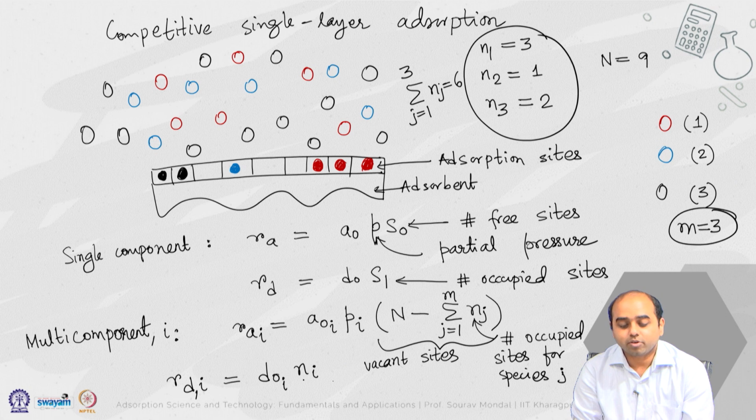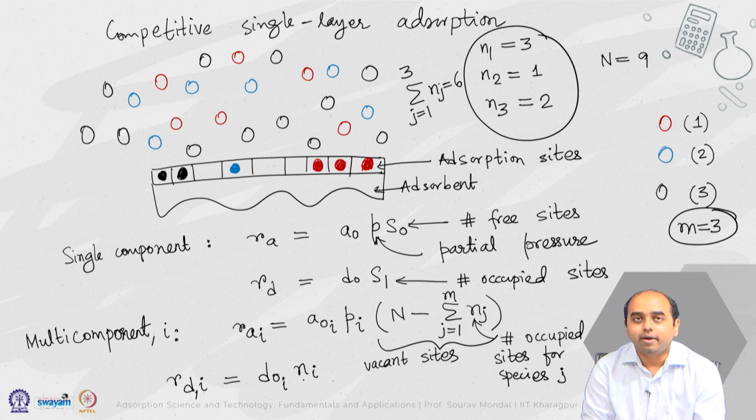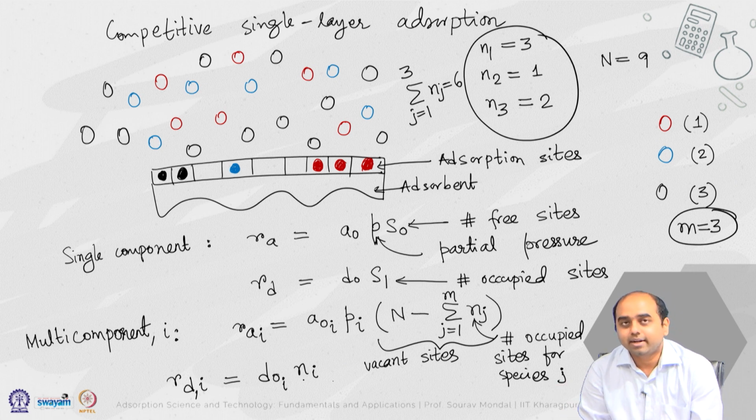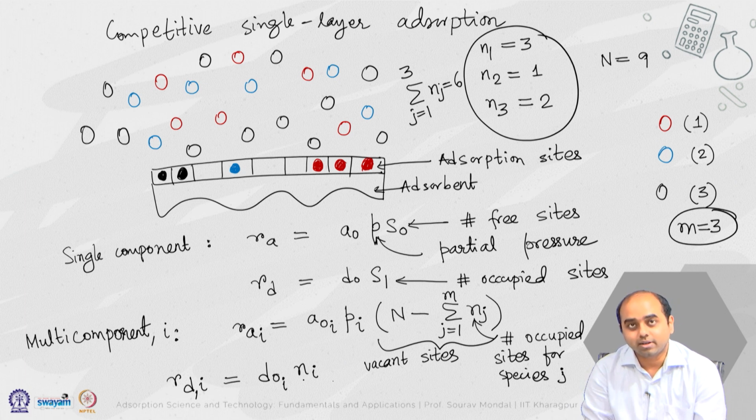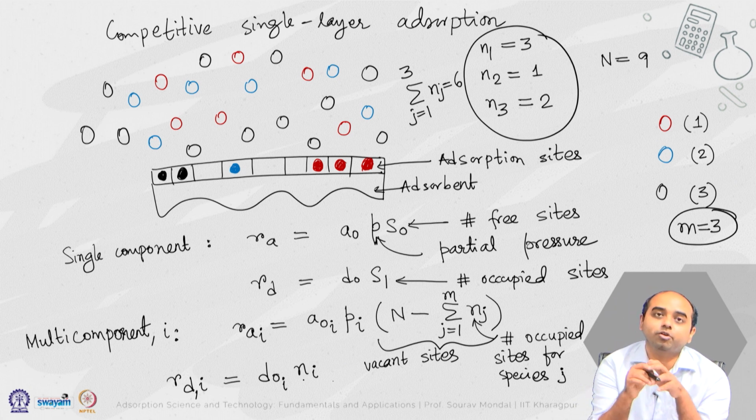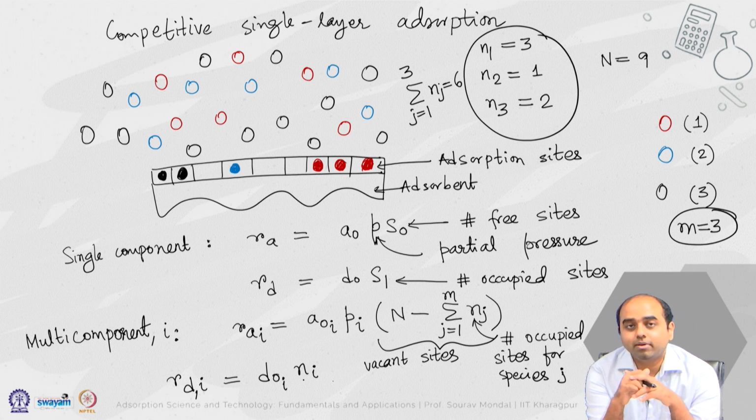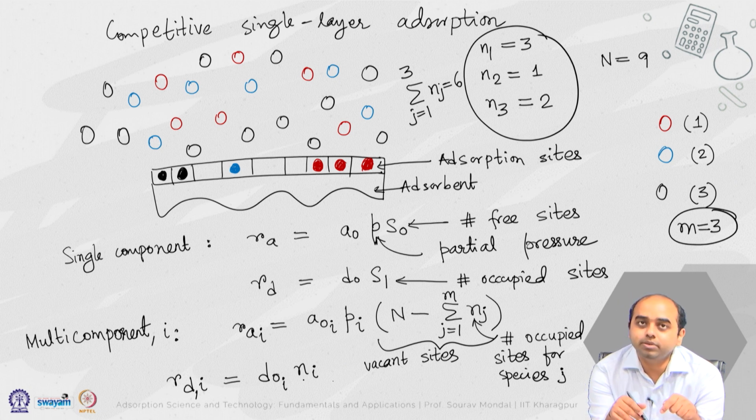So, the number of occupied sites by the black molecule will not affect the desorption rate of the red molecule, but this is not the case in adsorption. The total vacant sites are the subtraction of the occupied sites from the total number of sites, which suggests that for adsorption of the blue species or the red species, whatever, the available sites are those remaining after occupation by any species.